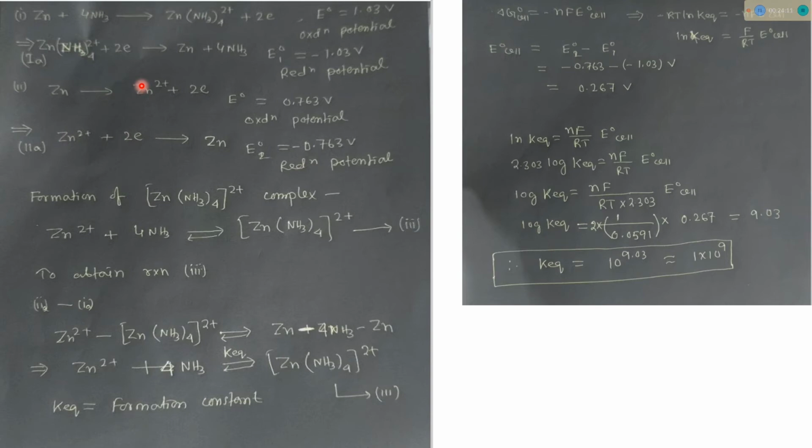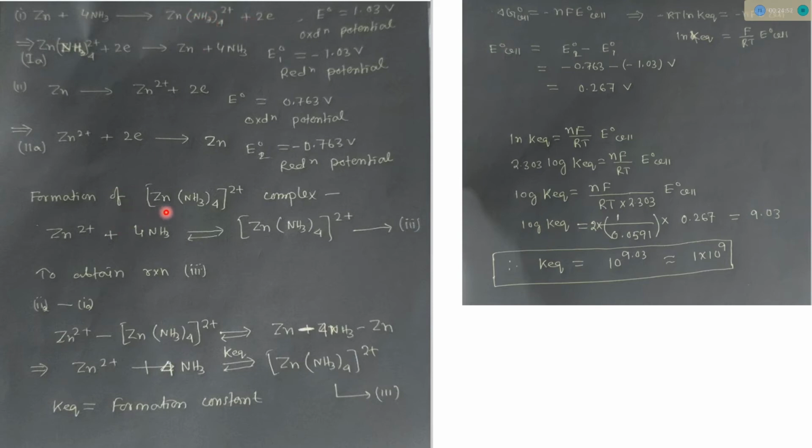So the formation constant of this complex, we have to write the reaction of the formation of this complex. This is not that reaction. Zn releasing 2 electrons to become Zn2+ and reacting with 4NH3 is a reduction reaction, but mind it, this reaction is not the formation reaction of this complex.